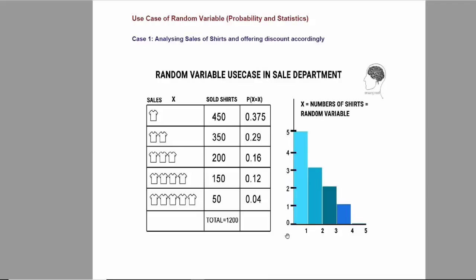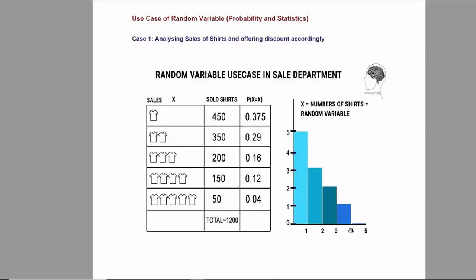I hope you can see this slide. In this slide, there is a company that has calculated the sales of shirts over a month and has drawn a diagram to represent the sales. Don't go for these numbers, 1 2 3 4 5. I just put them randomly, but understand the core concept of this slide.